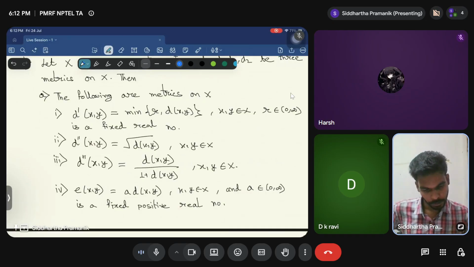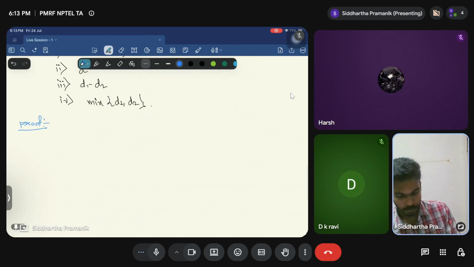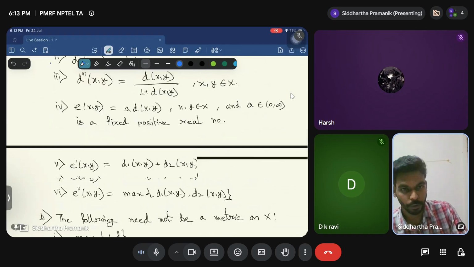The first one I think is there in all of the books. Maybe I will do the second one, and the fourth one is very easy. So second and third, maybe first I will do. The second one is just the square root.